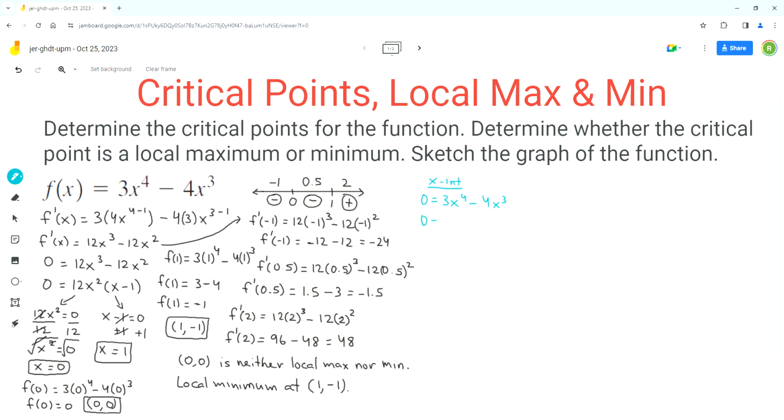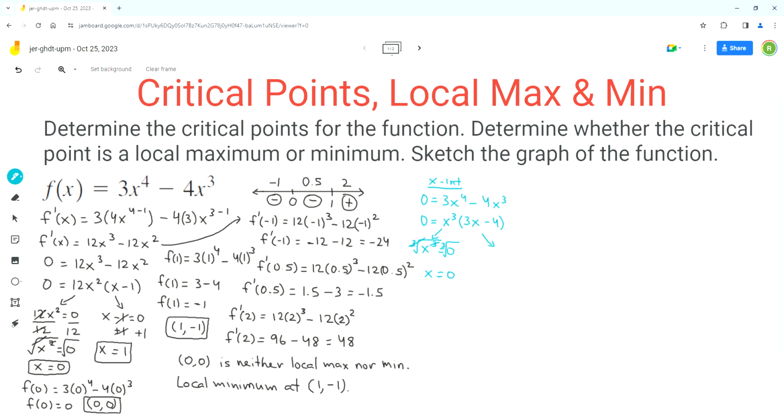So this is the factored form, and now we can analyze the cases. The first case is x cubed equals 0, and we can apply cube root to both sides. So on the left side, the cube and the cube get cancelled out. So we get x equals 0. So this is the first x-intercept.